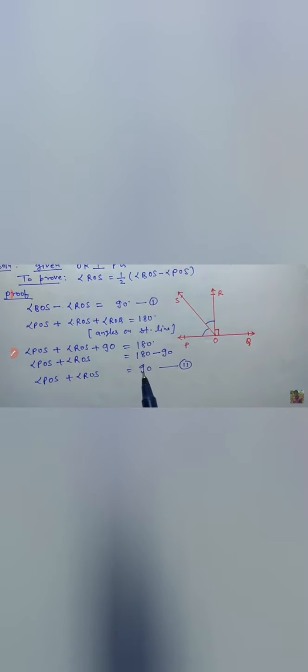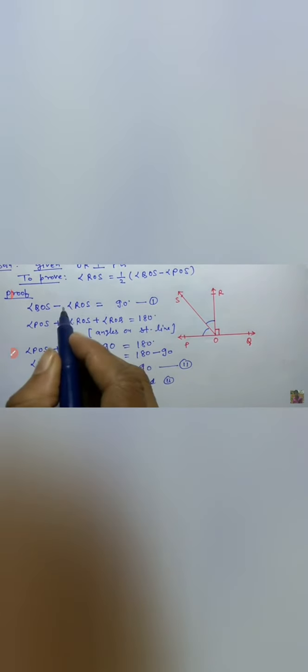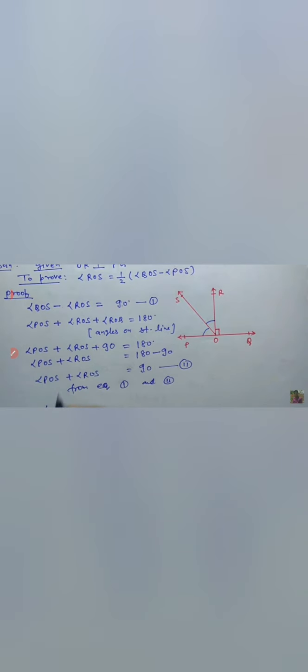Now from first and second, both are 90, so we have both LHS parts equal. Okay, so from 1 and 2 we can write, because both are equal to 90, QOS minus ROS is equal to POS plus ROS.